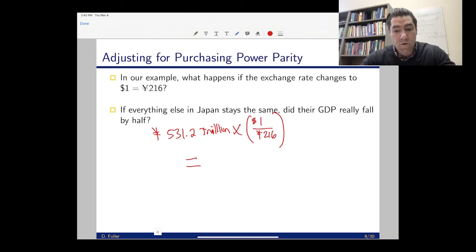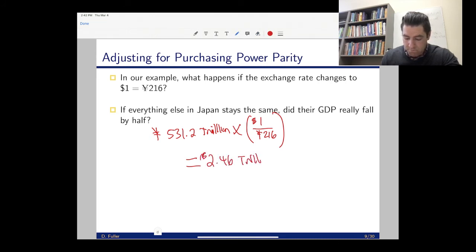So what is that in US dollars? 531 is about 2.46 trillion US dollars. So notice that basically cuts GDP in Japan in half. So that's like a huge change.